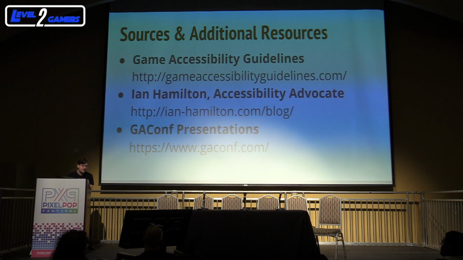Like something I'm doing with my game Southern Monsters is making the game fully accessible to players who use screen readers, like low vision or blind players. The Game Accessibility Guidelines actually has instructions and examples for games that have successfully accomplished things like that.